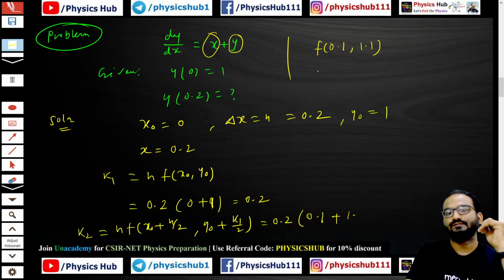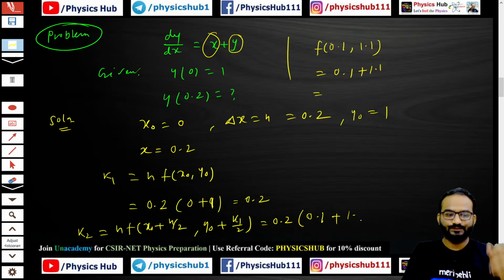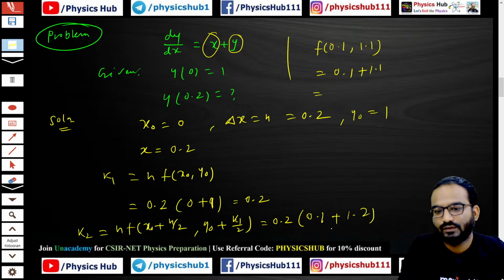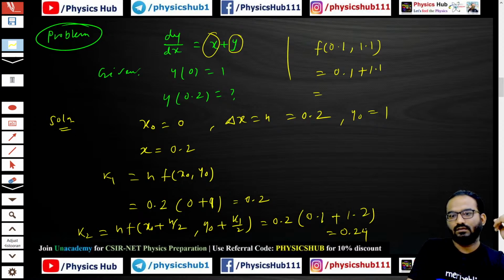Okay, so this is equal to 0.1 plus 1.1. So how much? 1.2. So this will give you around 0.24. Total is 1.2, this is 1.2. So 0.24 is the value of K2.